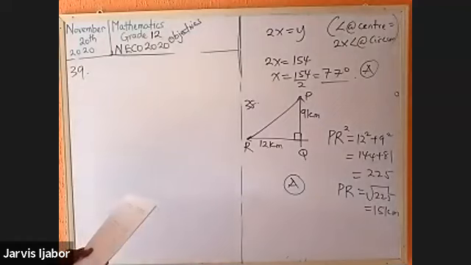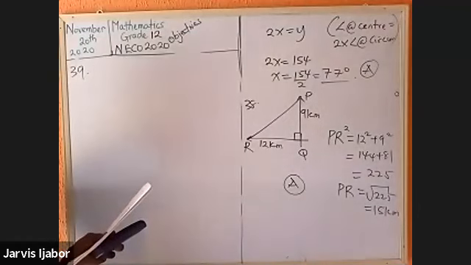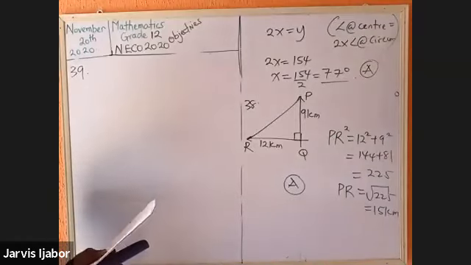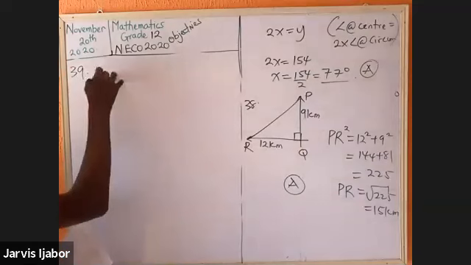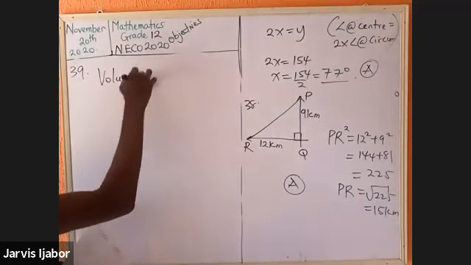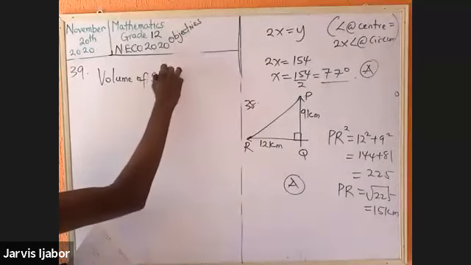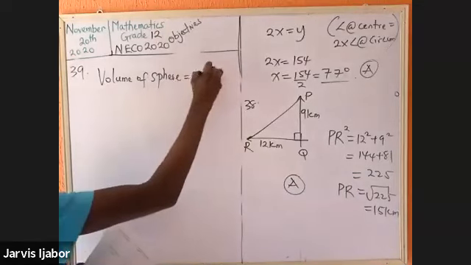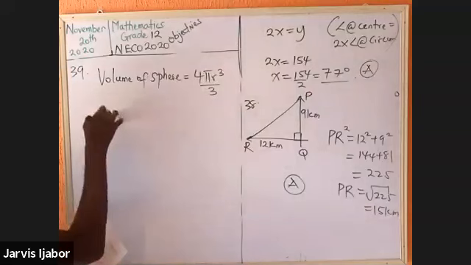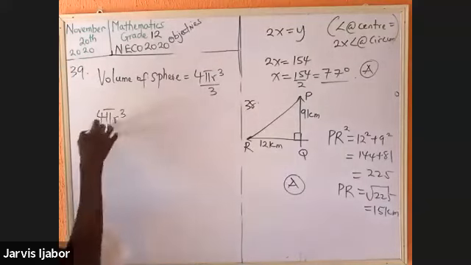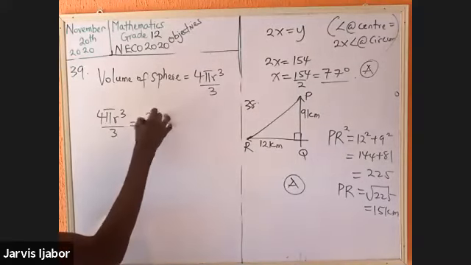The volume of a sphere is 360 centimeter cube. Calculate its radius to the nearest 1 decimal place. Simple. Volume of sphere will be equal to 4 pi r cubed over 3. So it means 4 pi r cubed over 3 will be equal to 360.